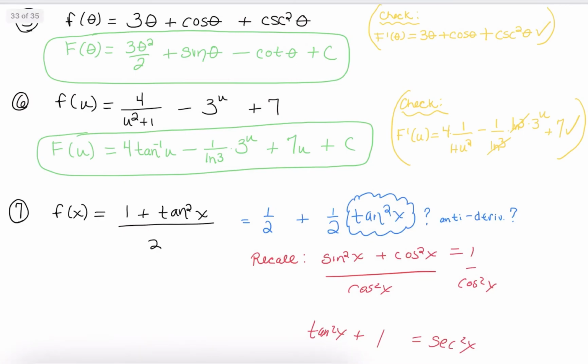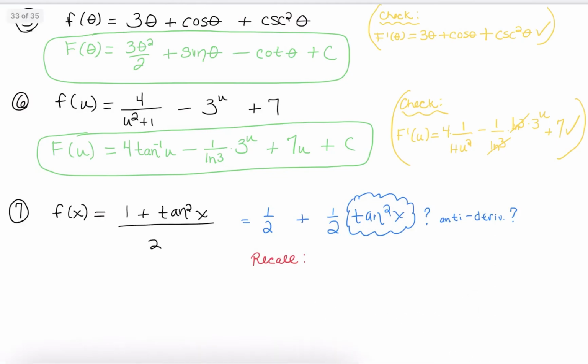So what I really want you to remember, of course, is that 1 plus tangent squared is equal to secant squared. So for us, if we look back at the original function, we can replace this entire 1 plus tangent squared with secant squared.